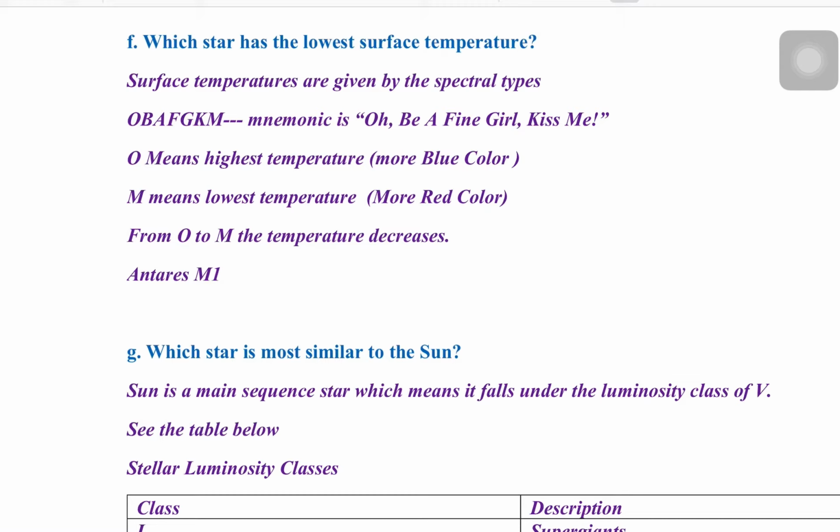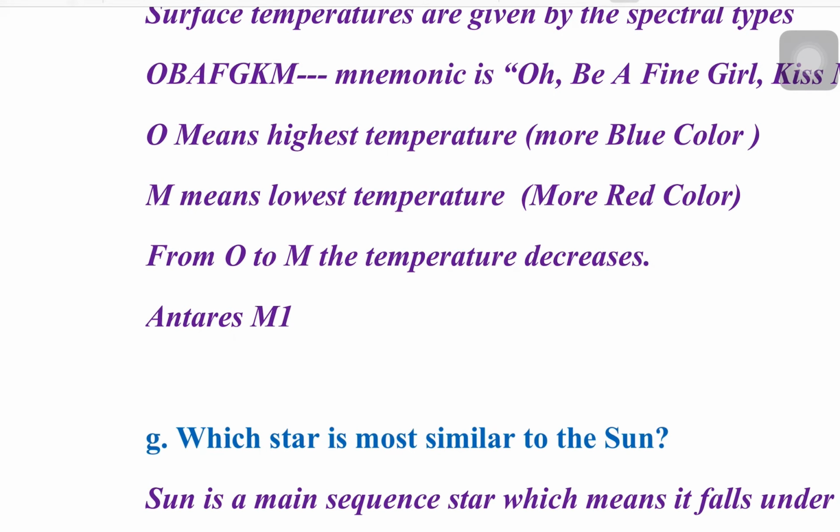Spectral type O means highest temperature, and the star which has spectral type M means the lowest temperature. So if I go from O to M, the temperature decreases.